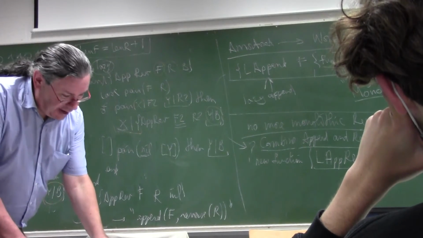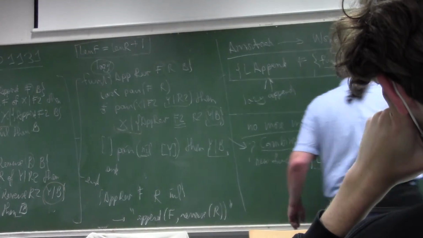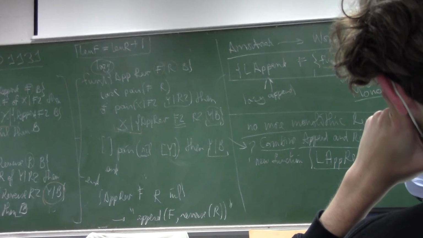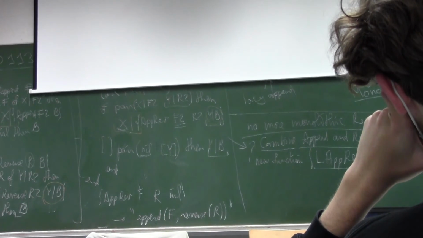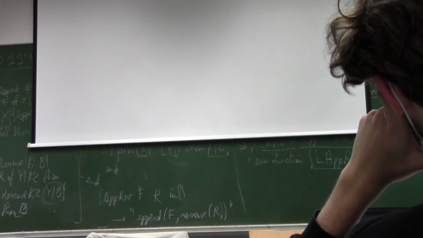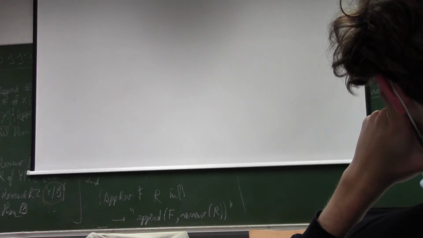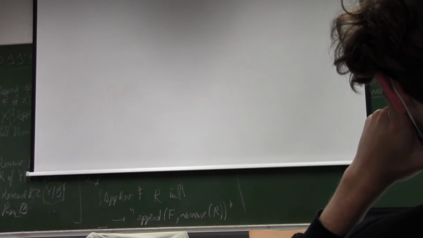And this gives us the final code. So let me show it to you. The code is almost the same as before, except now we use Apprev instead of append of reverse.